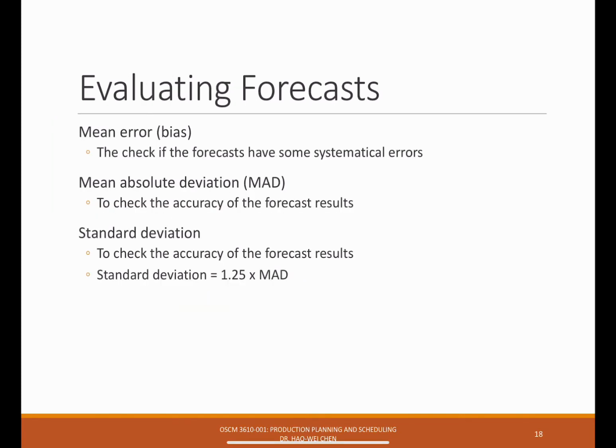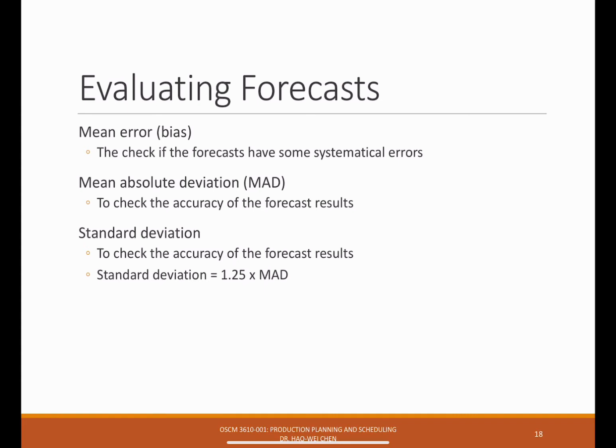So how can we evaluate the forecast result? A couple of things that you can calculate. The first one is called the mean error, or we can call it bias. It can check if the forecast has some systematic errors. For example, whether our result is always higher than the actual result, or whether our result is always lower than the actual result.